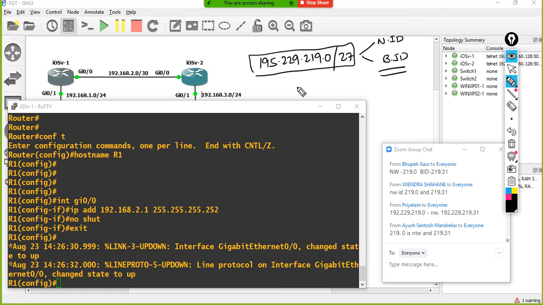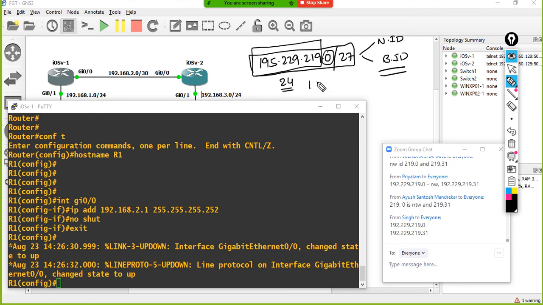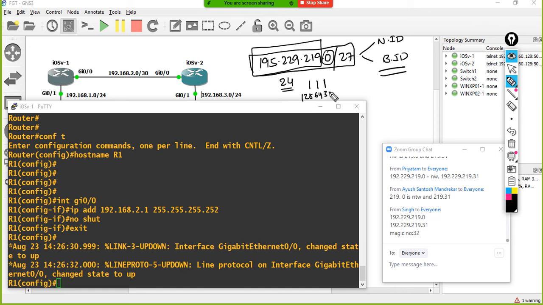Here, if you see, guys, what is the logic? Up to here is clear, right? Up to 3 octets, we can call it a /24. In the last octet, they made some changes, right? 25, 26, 27. Do you understand? So 128, 64, 32. This is your last octet, and in the last bit the magic number is 32, right?